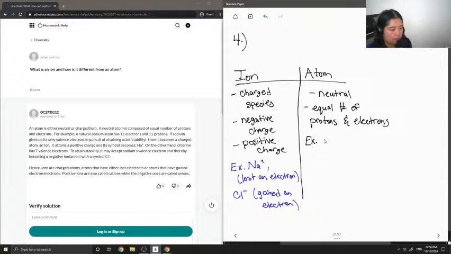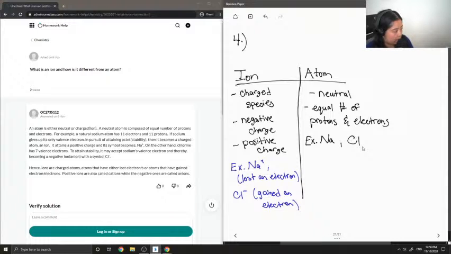So for example, it would just be like sodium without the charge, and like chlorine without the charge as well. Let me just see what the junior tutor said.